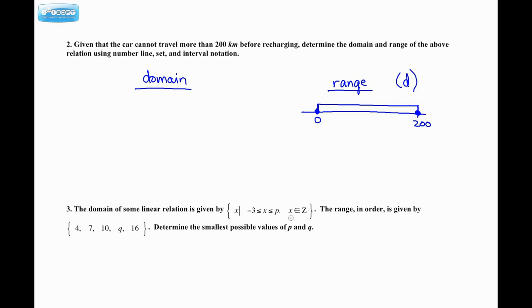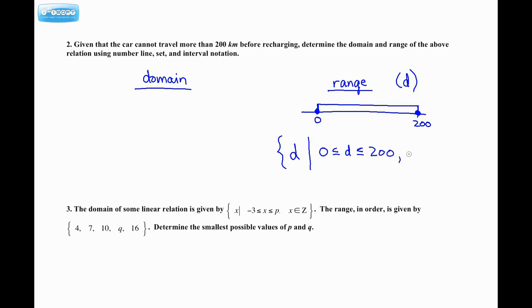Let's use set notation. So that would look like this. The range is the set of all distances, d values, such that d is greater than or equal to 0, but less than or equal to 200.